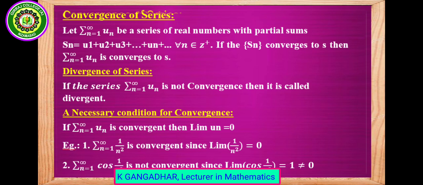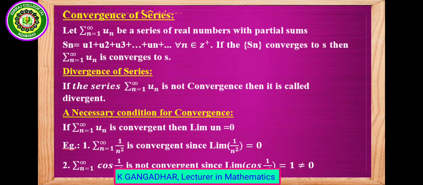So the convergence of series definition is: first, sigma Un is a series and Sn is its nth partial sum. Now if the nth partial sum sequence Sn is convergent, then we say that the series is also convergent.